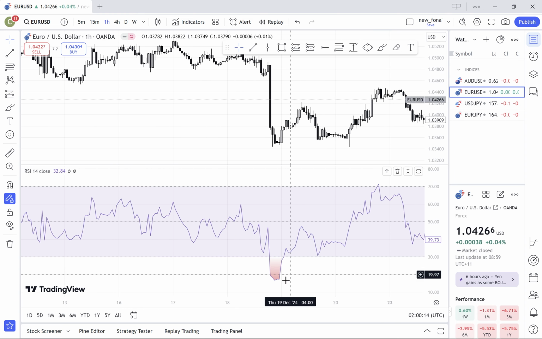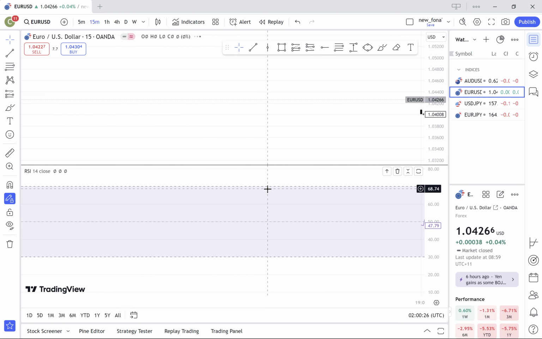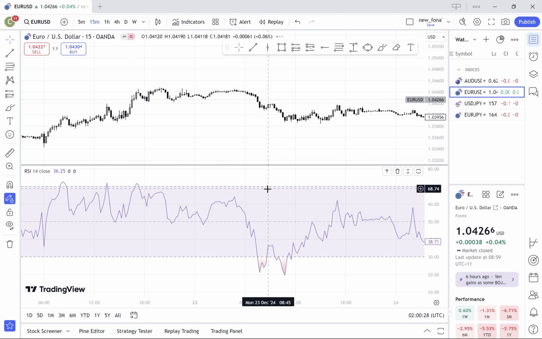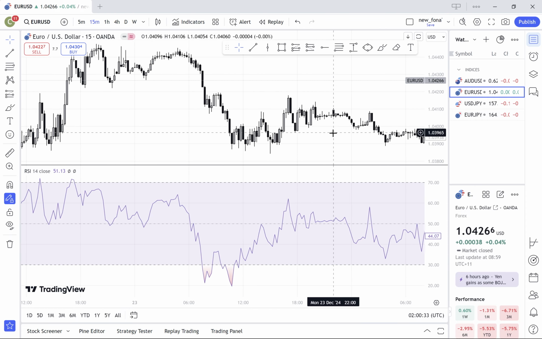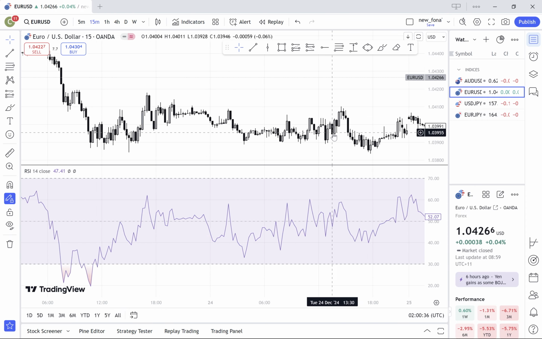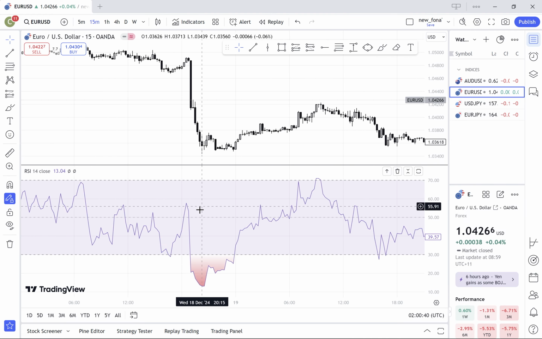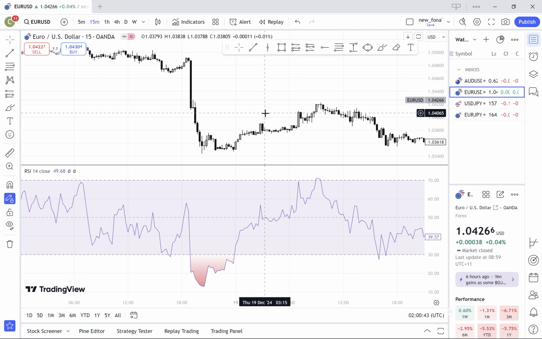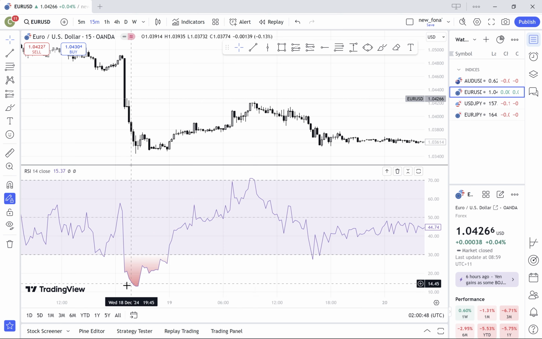As you can see here, it did go almost to about 10 15. So if I go into the 15 minutes time frame and see where it's gone to that low, and reset the chart view and go down in here, okay, so as you can see, there's this huge drop here, and then the market started going up, and this could mean that there's a reversal.